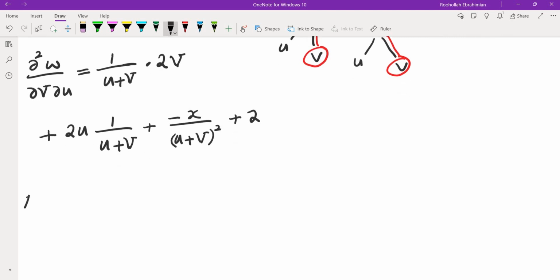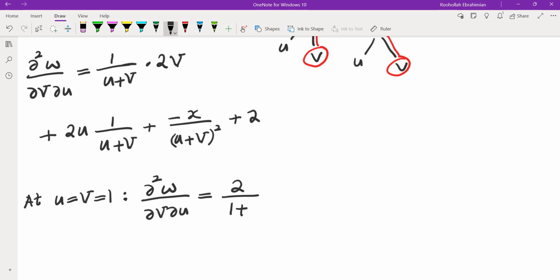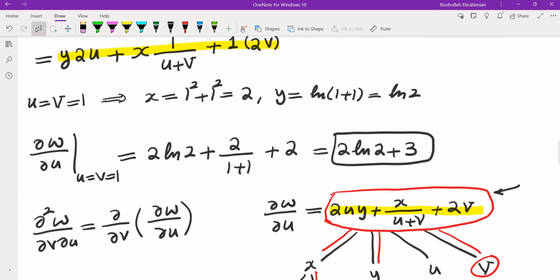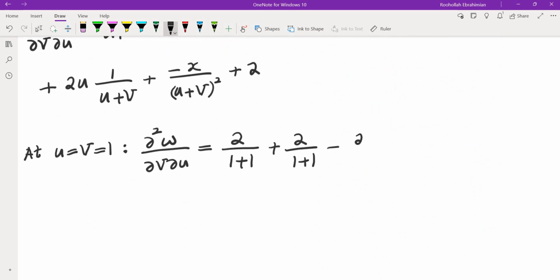So now, at u equals v equals 1, we would get the second partial of w with respect to vu is equal to 2 times 1, since u and v are 1, over 1 plus 1, plus 2 over 1 plus 1 again, minus, well, we found x before, x was 2, so 2 over (1 plus 1) squared, plus 2.